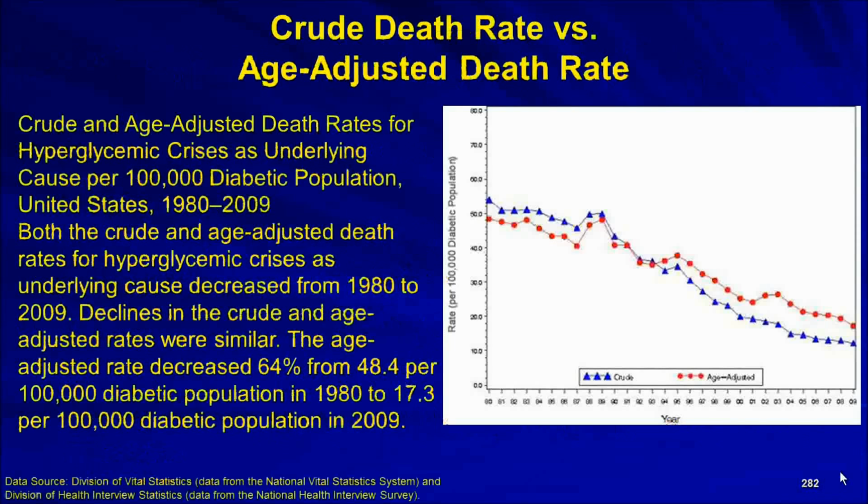All right. Now, I wanted to show you an example here. People ask, well, are these things used and reported? Well, absolutely so. And if you look at this chart, it's from 1980 to 2009, and it's talking about crude death rate versus age-adjusted death rate.